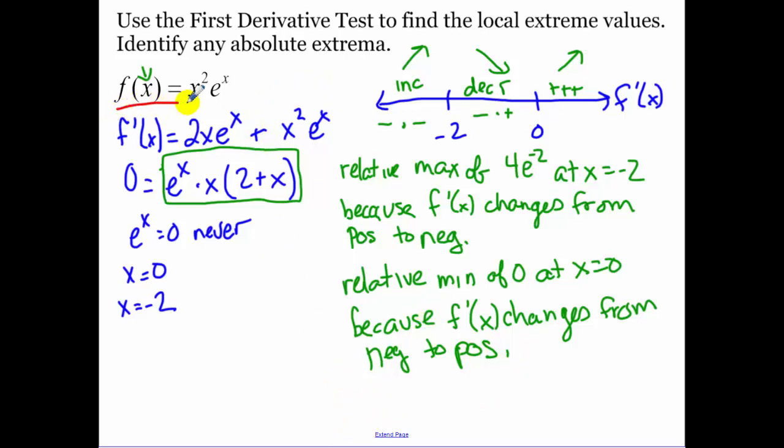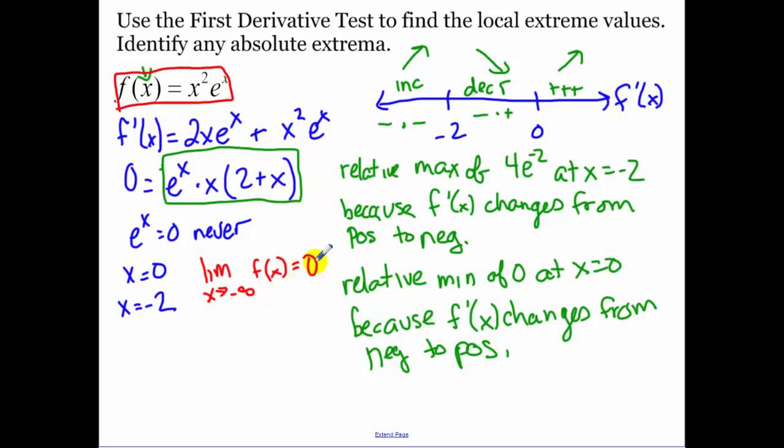It's hard for me to know what this function looks like. But what I'm going to do is look at limits. The limit as x goes to -infinity of our function. Well, -infinity squared, that's going to be a pretty big number, but e to the -infinity is going to overpower our x squared. E to a really big negative number is going to get us really, really close to 0.